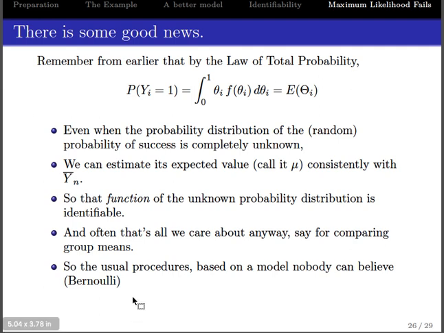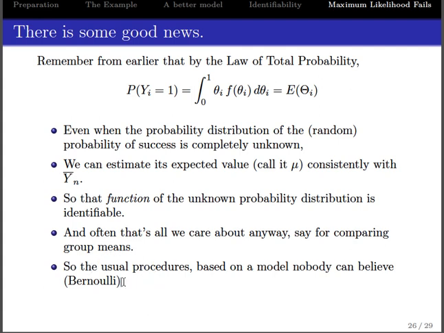Which means that the usual procedures based on the first thought about these binary data, which is that they should be Bernoulli, right, with a flip of a biased coin, and we're trying to make an inference about what that probability of a head is, which is such a bad model for children zipping their zippers.